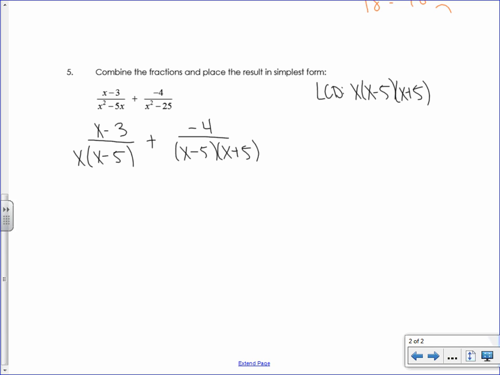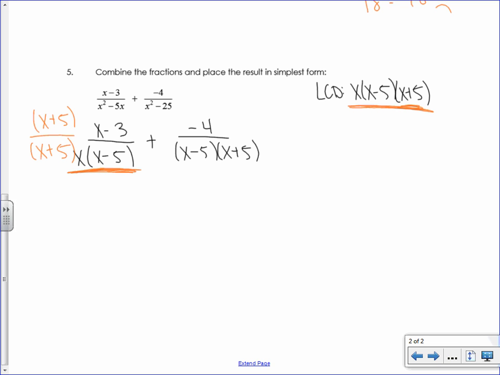So now let's look. What am I going to multiply this one by so the denominator has all three of these things? Well, it's already got the x and the x minus 5. It just needs the x plus 5. So I'm going to multiply top and bottom by x plus 5. When I do that, I'm just really multiplying by 1, so I'm just changing how this looks.